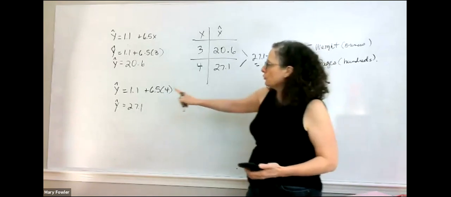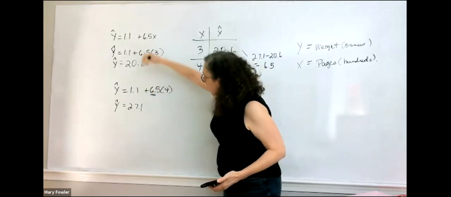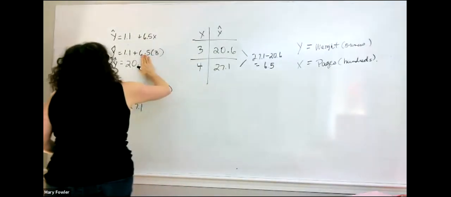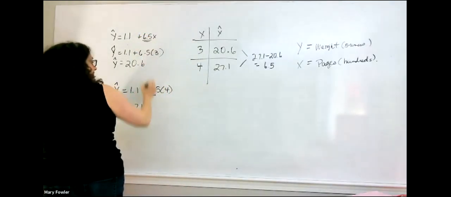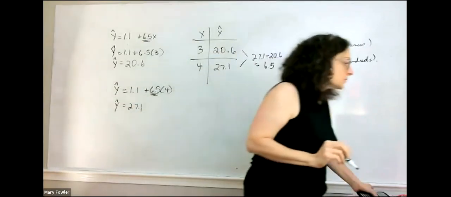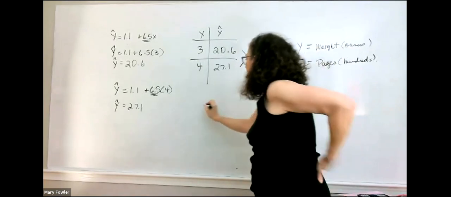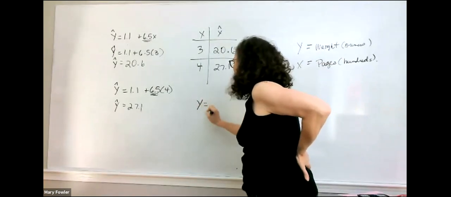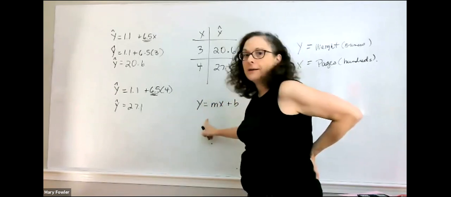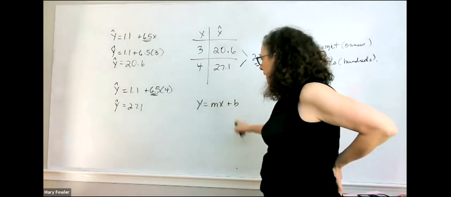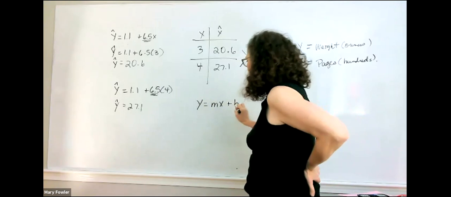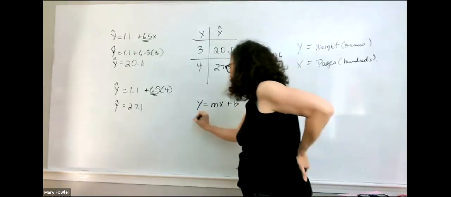Okay. So notice that it is not, in fact, a coincidence that the 6.5 is this value here. And I want to just get into what that means a little bit. So I'll take a little side here and remind you that in algebra, you often see these equations as mx plus b, where m is the slope and b is the y-intercept.